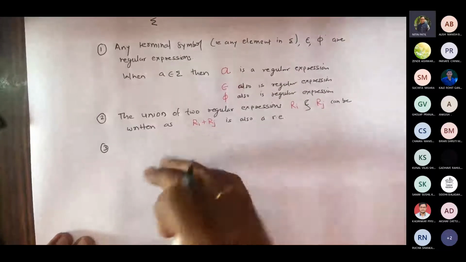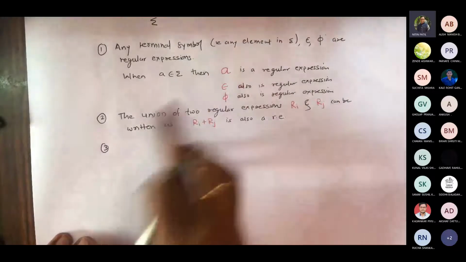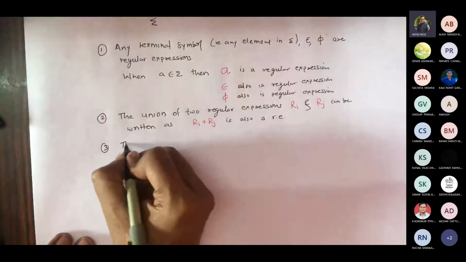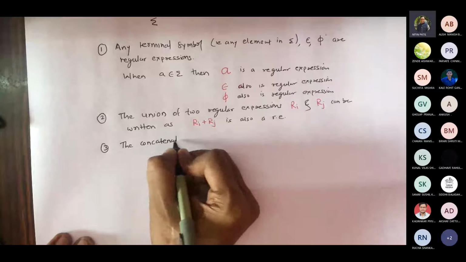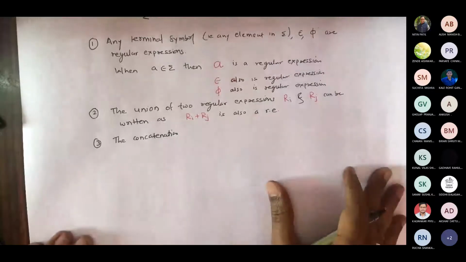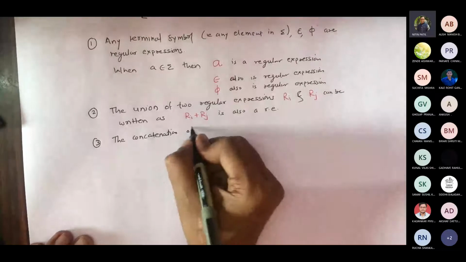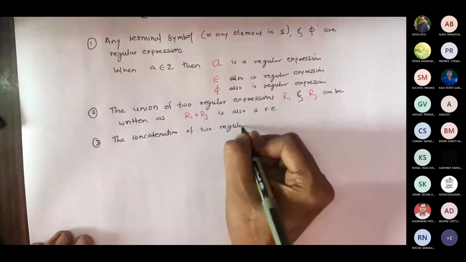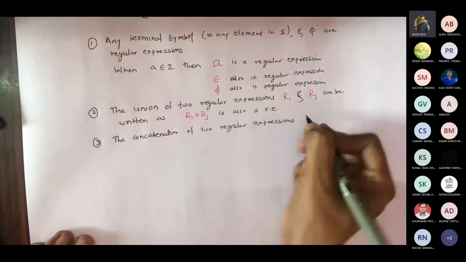Now let me define the third. This Ri, Rj can be any combination. If I talk about Ri, it may be A. There might even be multiple symbols. Now the third one, the concatenation of two regular expressions.